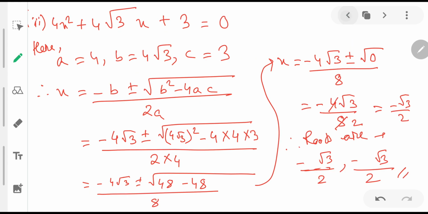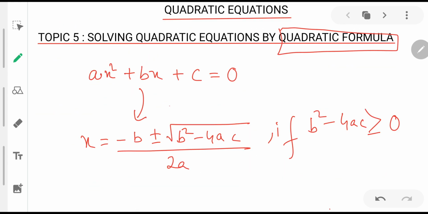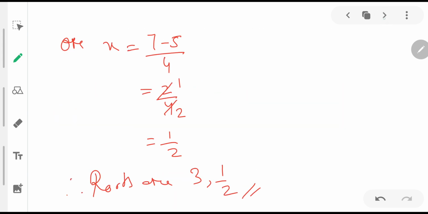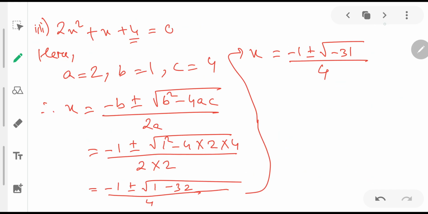But if we go back and look into the first page, we will see that we will get real roots only if b square minus 4ac is greater than or equal to 0. But here, minus 31 is the b square minus 4ac part.